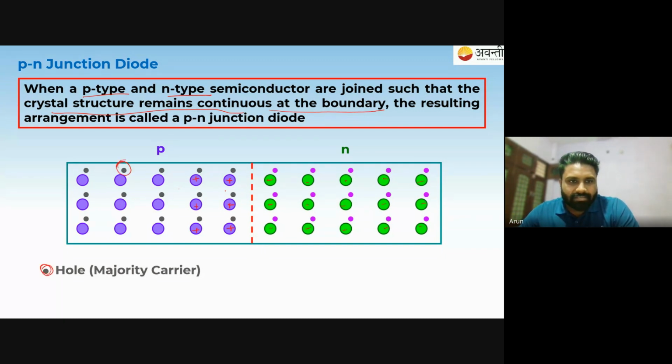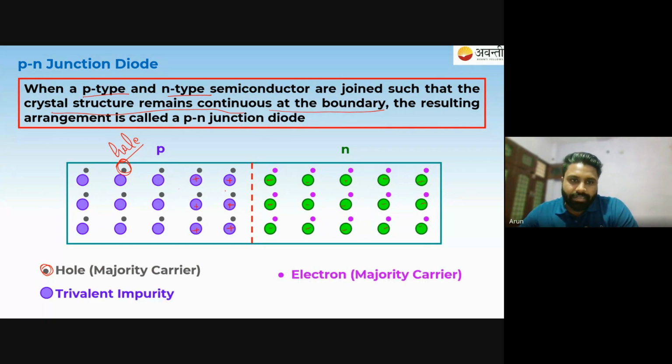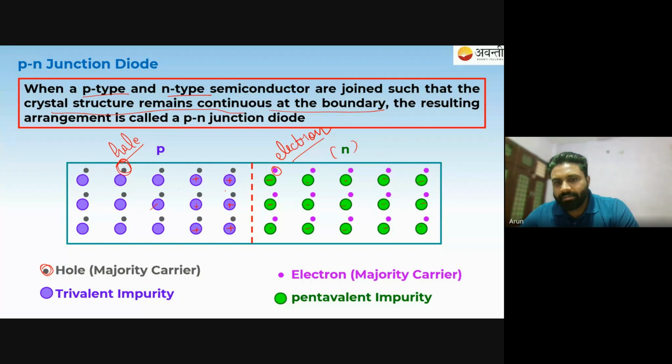So this is the hole. In p-type semiconductor, holes are the majority charge carrier, and these are the trivalent impurity, as I've already discussed. This represents the free electrons, which are the majority charge carrier in n-type semiconductor, and these green dots are nothing but the pentavalent impurity. So majorly I have shown the impurities themselves, not the minority charge carriers. Got it?